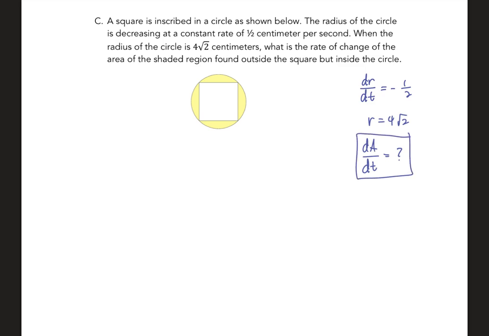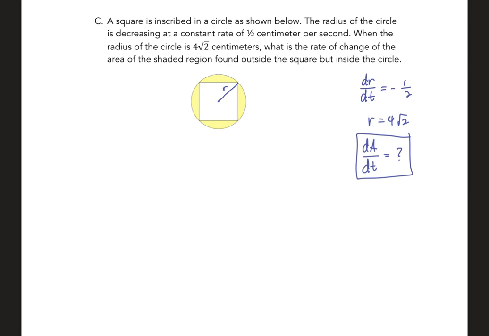Realize that A and dA/dt represent that shaded area, so we'll have to get a formula for it. We're given the radius and the rate of change of the radius, so we definitely want to represent the radius in here.